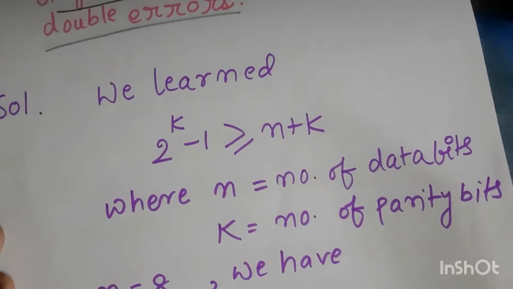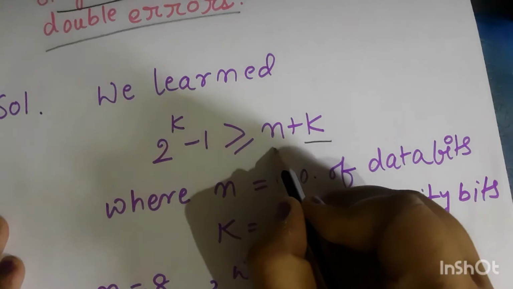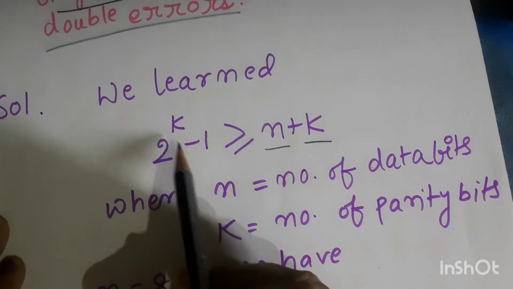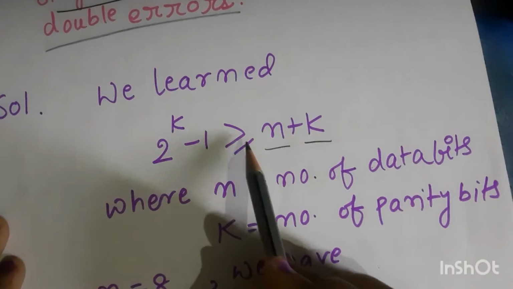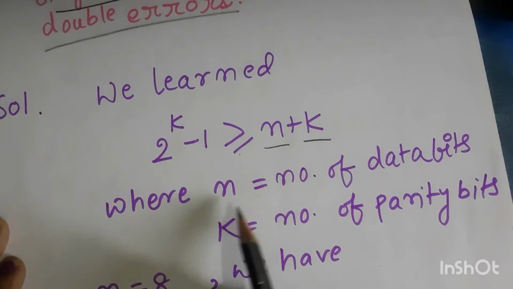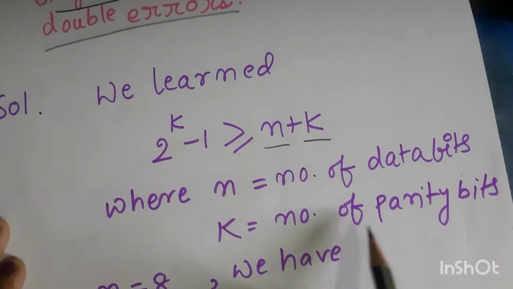We have learned that if k is the number of parity bits and n is the number of data bits in the data word, then 2 raised to k minus 1 should be greater than or equal to n plus k, where n is the number of data bits and k is the number of parity bits. Now n is equal to 8.